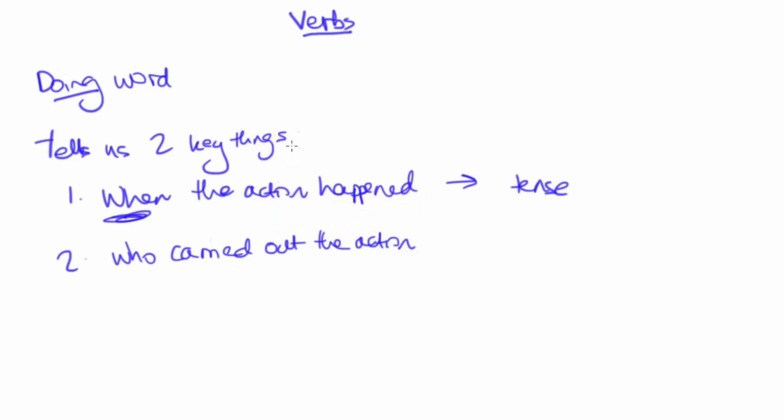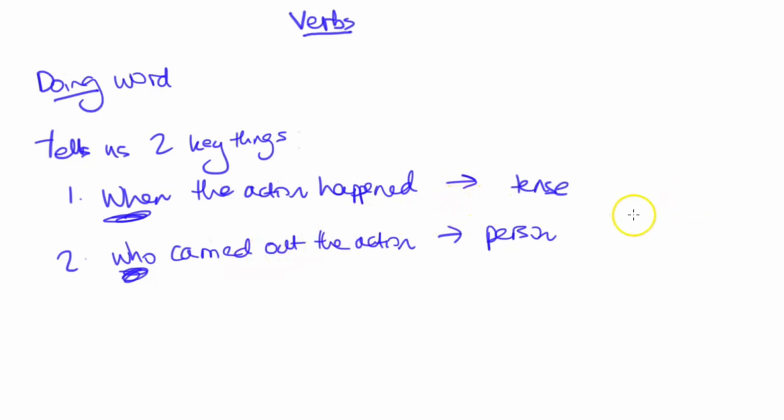Was it her? Was it him? Was it the mother? Was it the father? Just who. And we call this person. Okay? So who and when. Those are the two key things that the endings of a verb tell us.